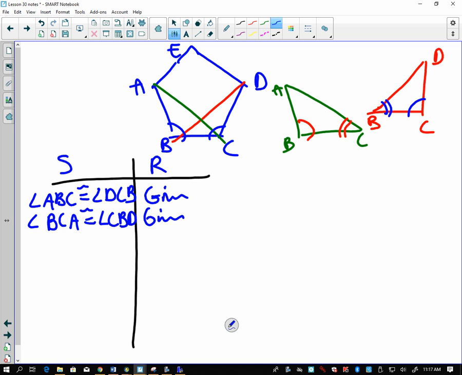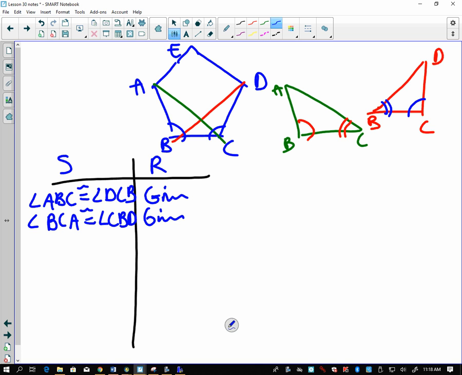Now, looking at this picture up here, can I see anything else that's congruent in both of those triangles? Yeah, your third angles are congruent, and you could look at that if you want. But there's a quicker way. That would get me to angle, angle, angle, but all that's going to tell me is that they're similar.